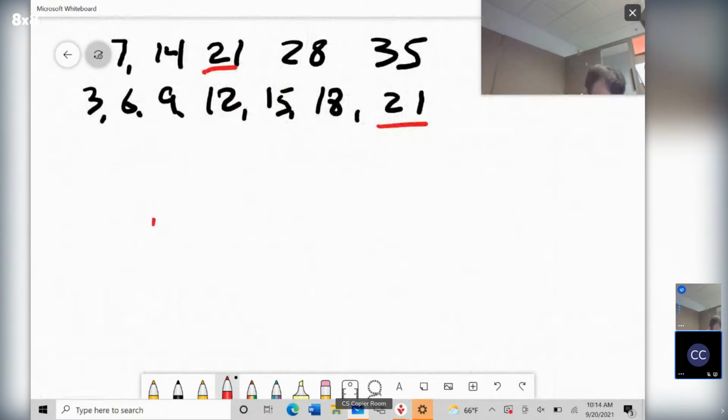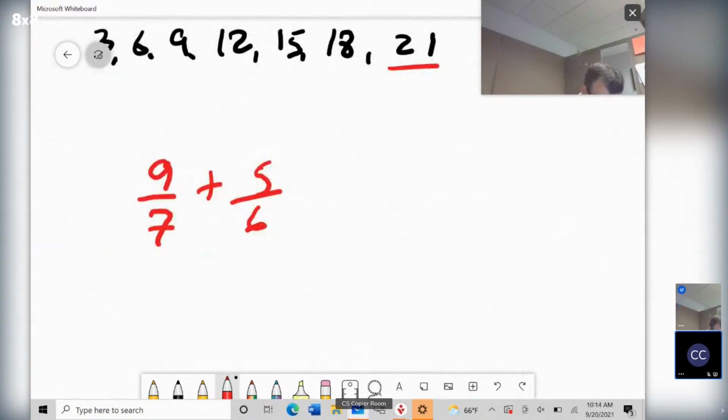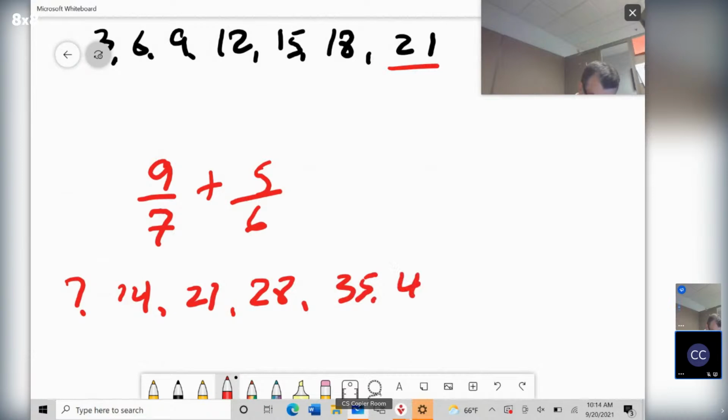So if I do 9 sevenths plus 5 over 6. Okay, let's just factor this one out. So we're going to do 7, 14, 21, 28, 35, 42, 49.